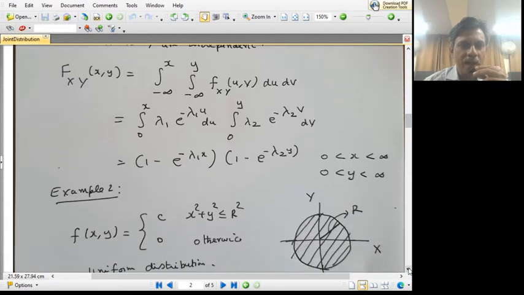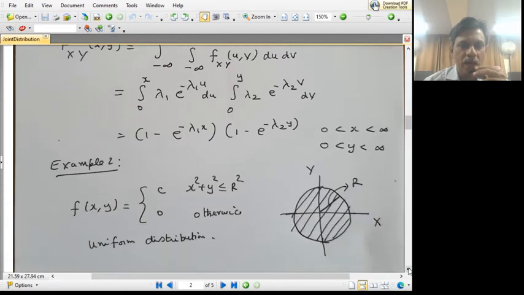Now let us look at another example, in which x and y are interrelated in some slightly complex way, and we will see whether x and y are independent or dependent, and if they are dependent, what is the nature of the dependence. Here we consider a two-dimensional plane spanned by two variables x and y.